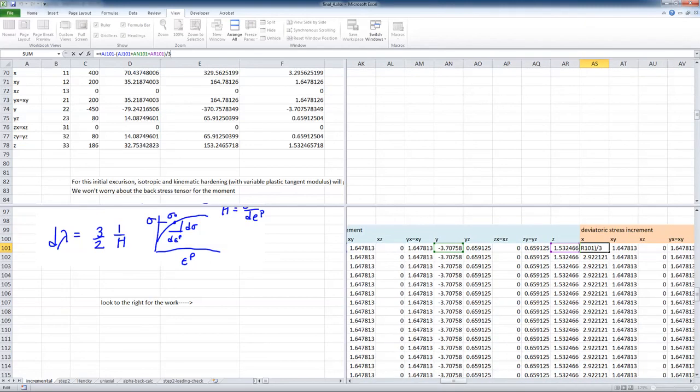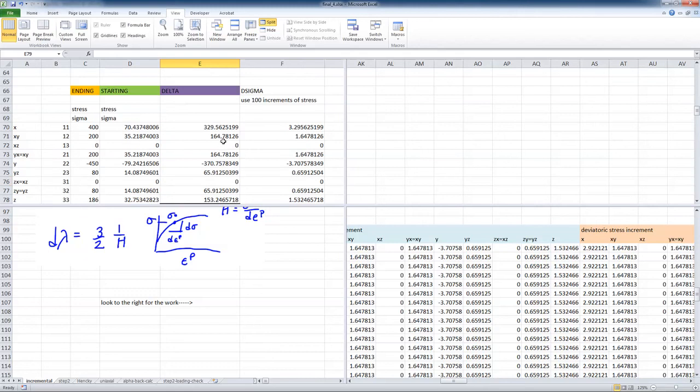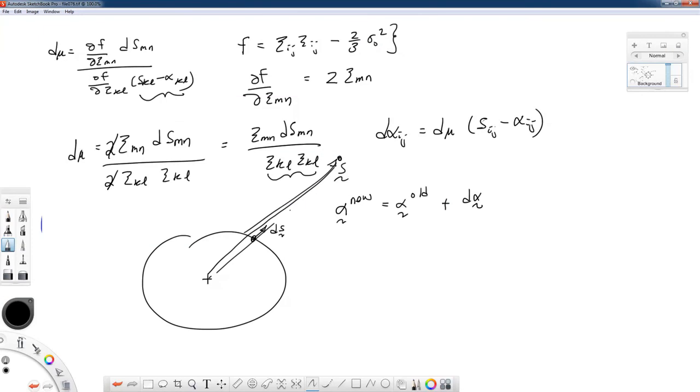Okay. So that's what I did. I didn't do a separate amount. Let's go back and look at our sketch again, to make sure we understand where that's coming from. Okay, so I'm calling this my delta S, which corresponds to my delta sigma. What I've done is I'm calling my d sigma my delta sigma divided by 100, and then I have a corresponding dS. Alright, so that's what that's all about.